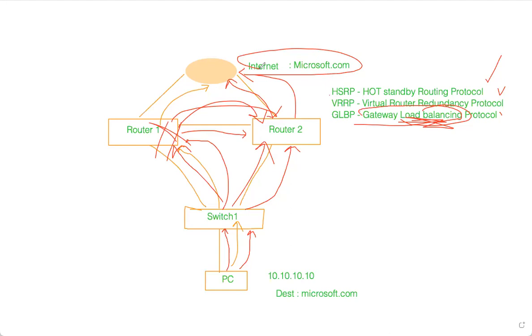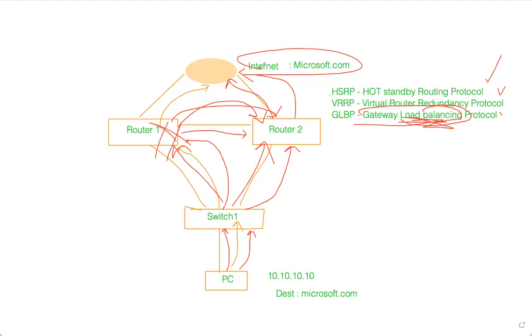What is binding the IP address to the MAC address? What is that protocol called? Anyone? What is the protocol that will be mapping layer 3 to layer 2?